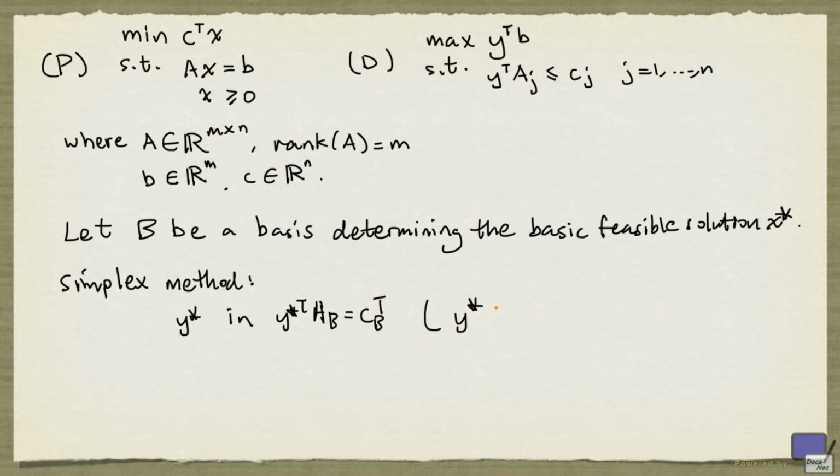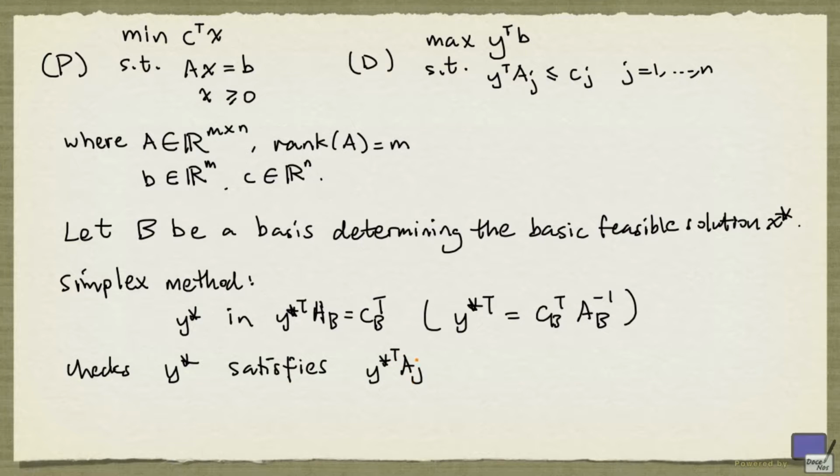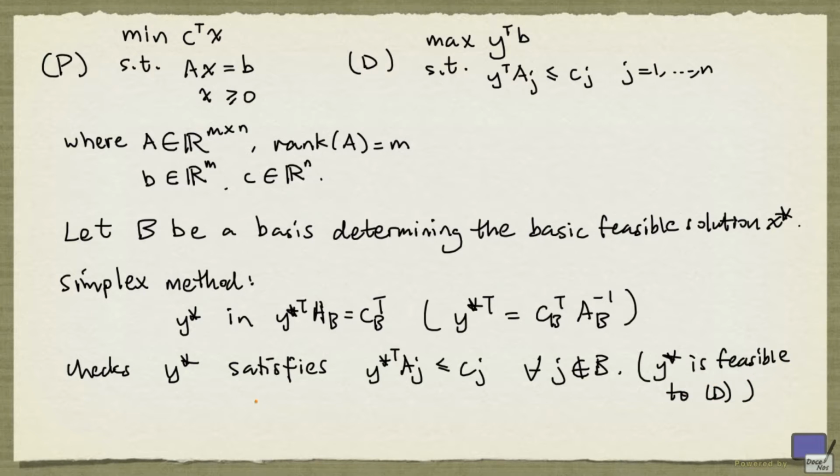And that gives Y star transpose equals C sub B transpose times the inverse of A sub B. And checks if Y star satisfies Y star transpose times A sub J, which is the jth column of A, is less than or equal to C sub J for all J not in B. And that means Y star is feasible to the dual problem D if this is true. And if this is the case, the simplex method will declare X star to be an optimal solution.